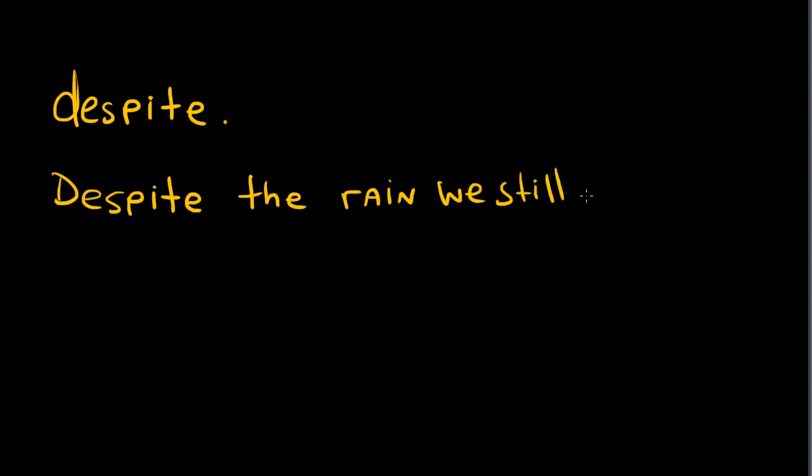So you can say, despite the rain, we still went to the beach. It means there was rain, but we went to the beach anyway. And despite is really the same as in spite of, but without the of.